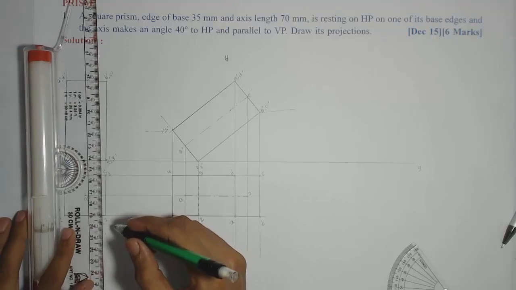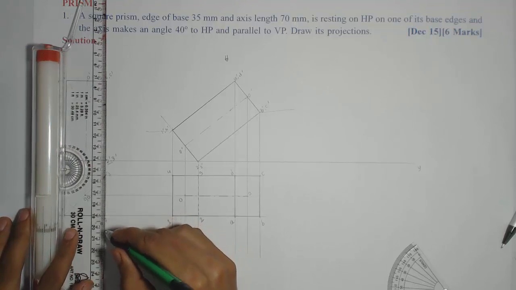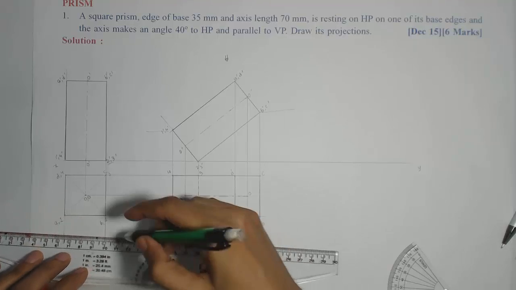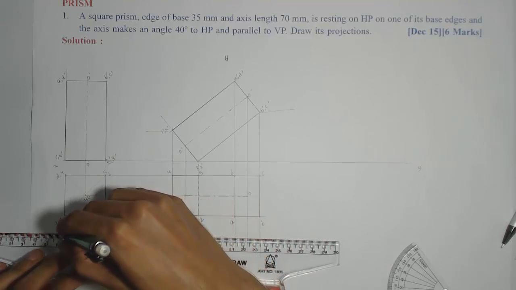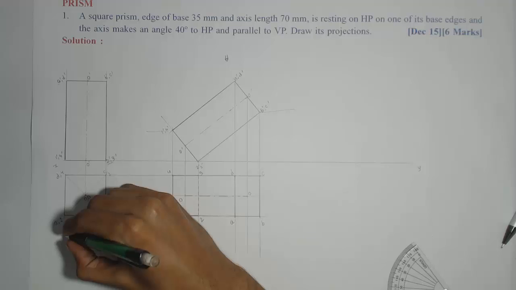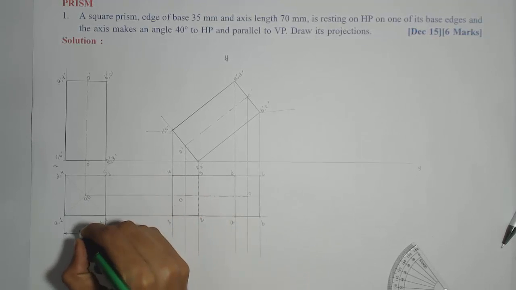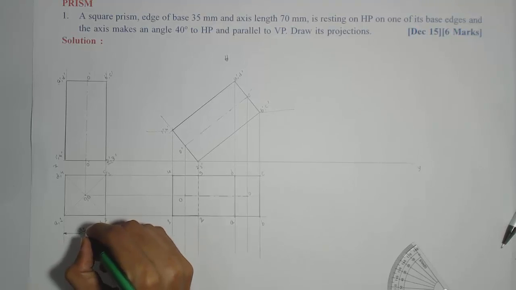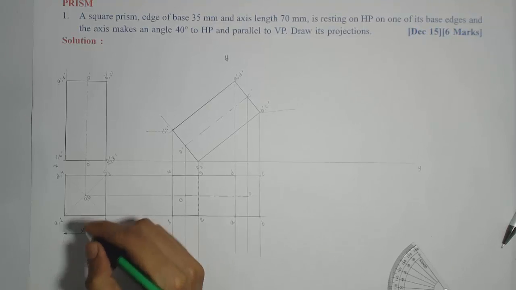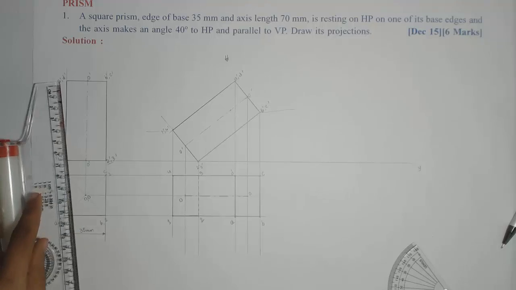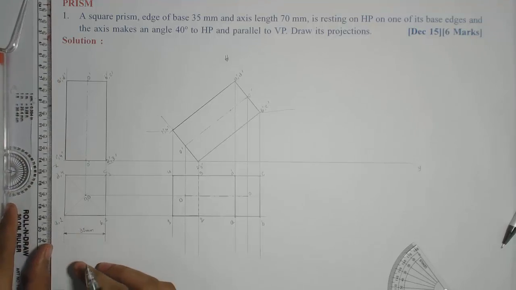So I'll show the dimension for that. Then I'll show the axis height. The base is 35 mm, and the axis height is 70. So I'll show it here.